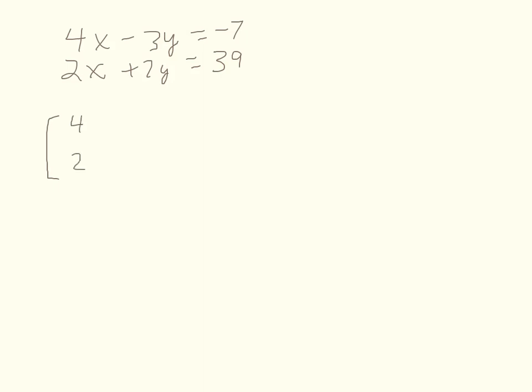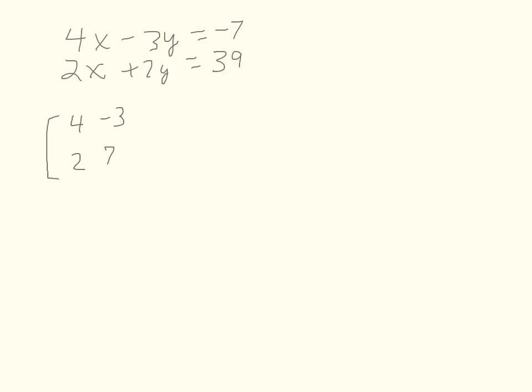So the matrix method, 4x minus 3y is equal to negative 7, and 2x plus 7y is equal to 39. One of the things that most people don't understand about the matrix is that the matrix is developed just by the coefficients of the variables. So in the first column is your first variable x, and the second column is your variable y.